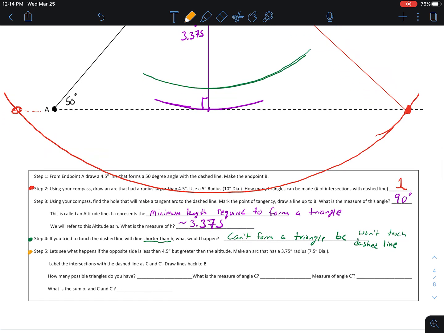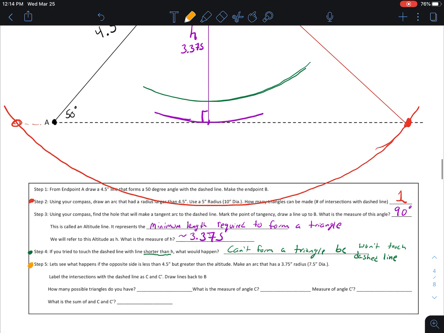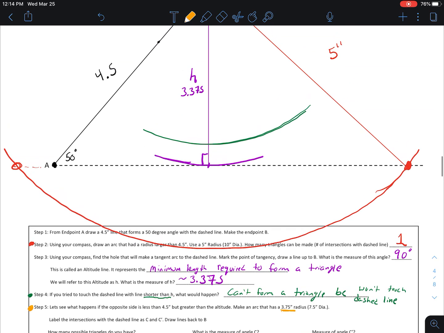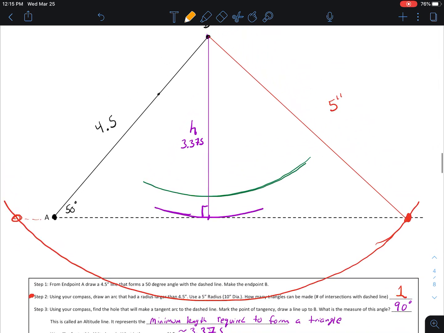All right, so step 5, let's see what happens if I pick a number that's bigger than my h, but smaller than 4.5. And so I predetermine, say, all right, let's use my radius of this arc to be 3 3/4. So that'd be the 7.5 inch diameter line if you got a safety compass like I do.